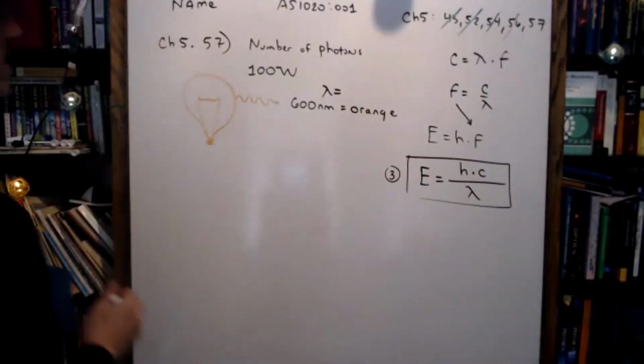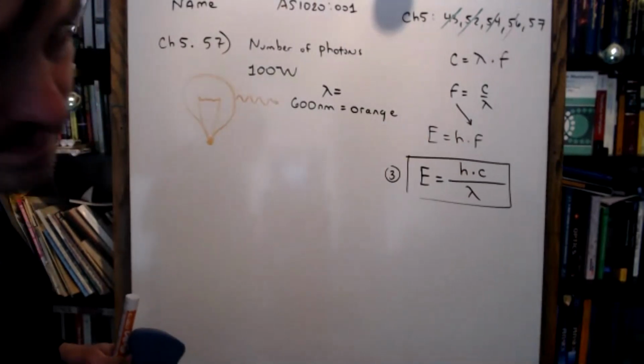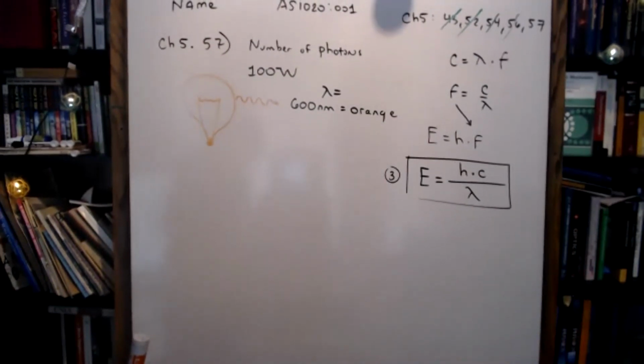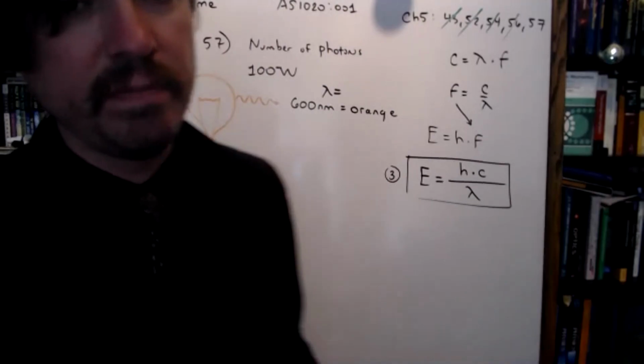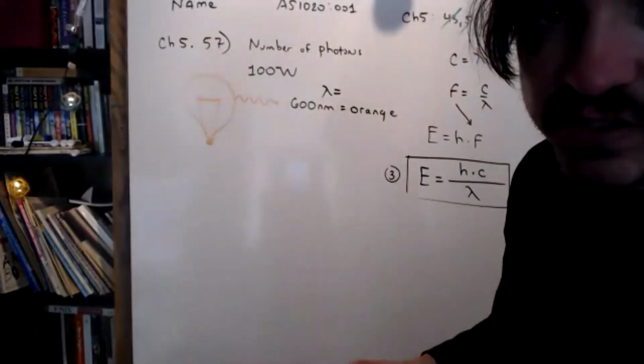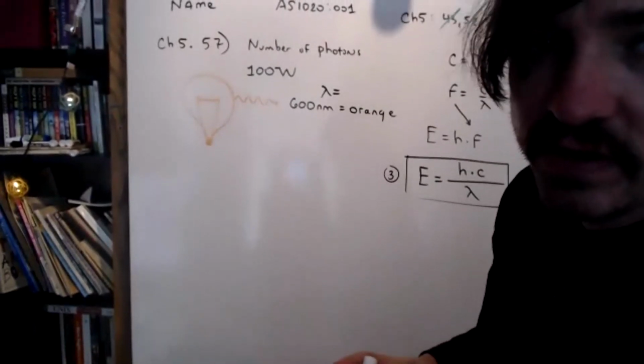First of all, is nanometers an MKS unit? No. Caroline, no, it's not. Not really. Meters are MKS. Caroline, your job is to convert 600 nanometers to meters using dimensional analysis. Can you swing that?